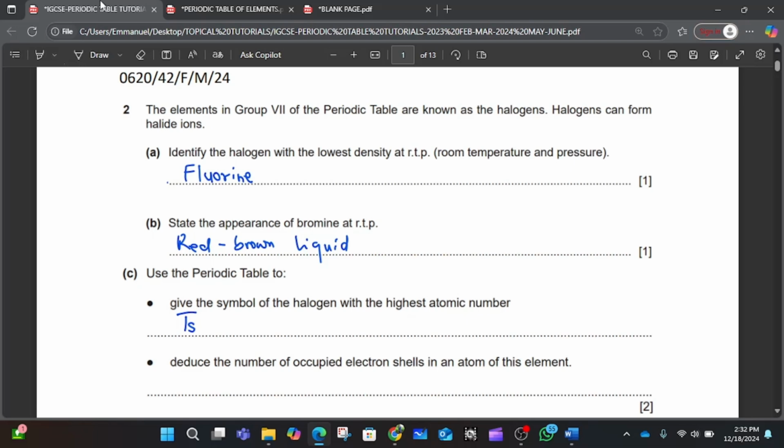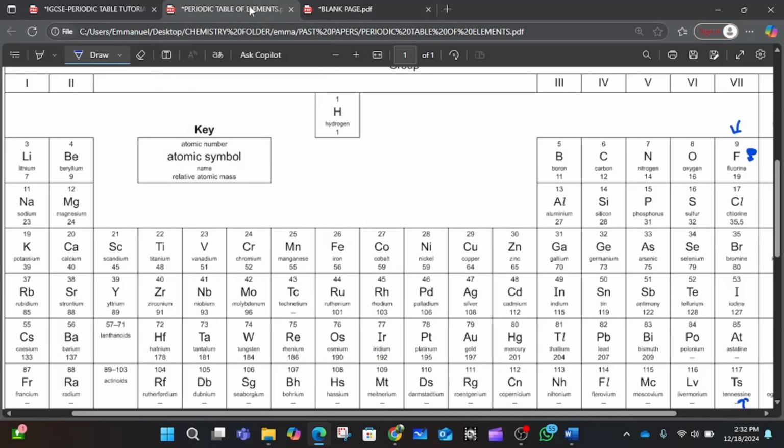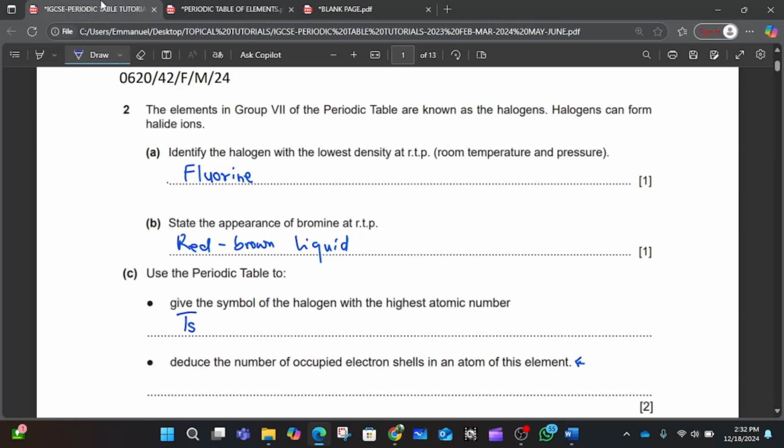Deduce the number of occupied electron shells in an atom of this element, referring to tennessine. So the electron shells refers to the period number. So if you check here, you can see that this is period 1, this is period 2 here, period 3, 4, 5, 6, 7. So tennessine is in period 7, which means that it is going to have 7 electron shells. And so this has to be 7.